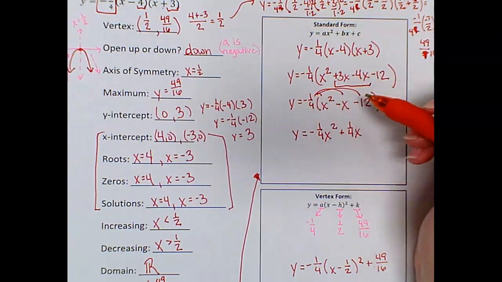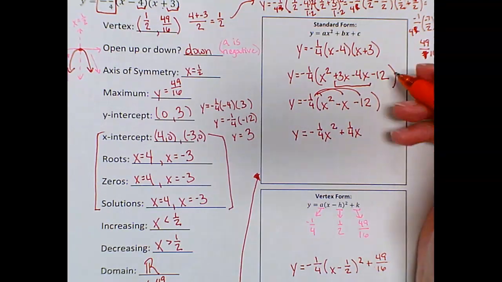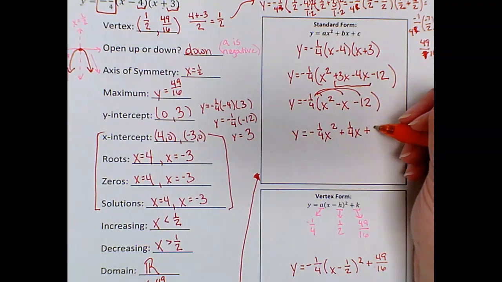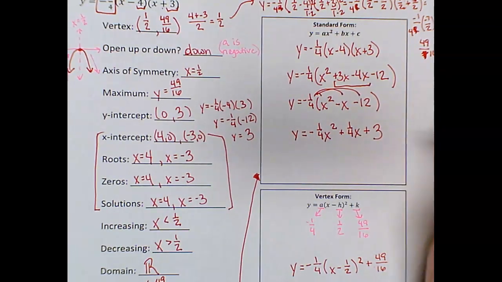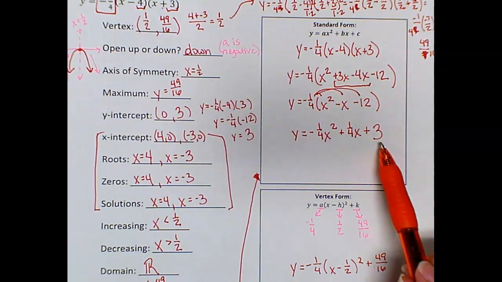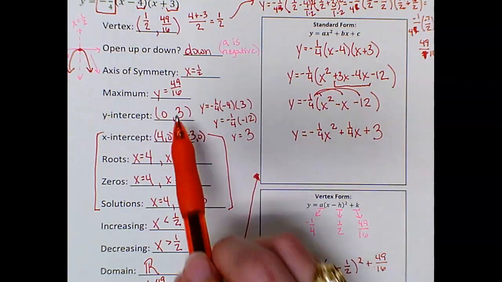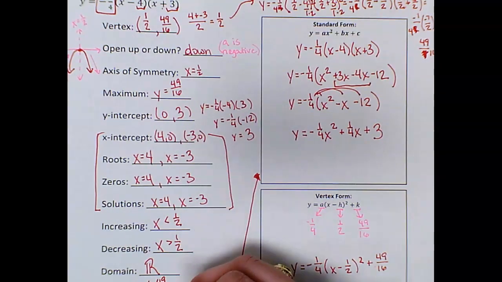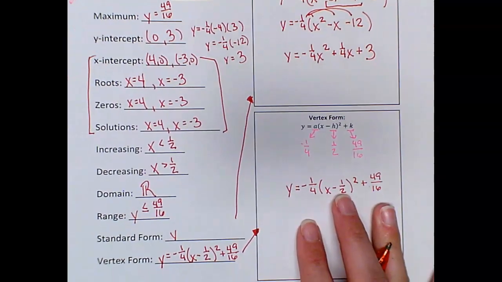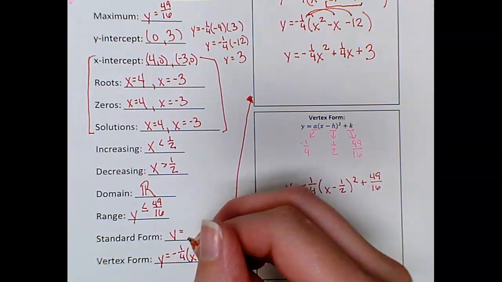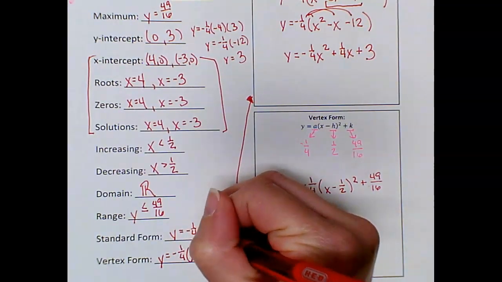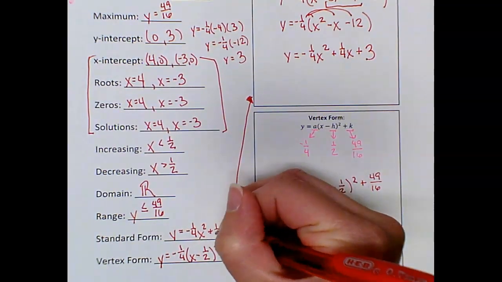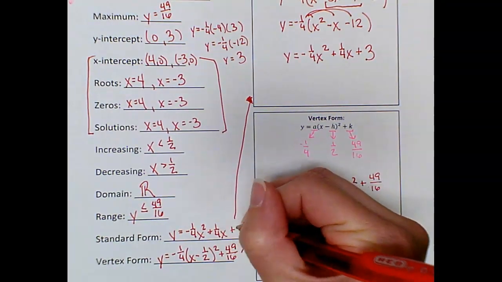And -1/4 times -12, well, negative times negative is a positive, and 1/4 of 12 is 3. And you can kind of double check because remember your c value in standard form is your y-intercept, and we got 3 for our y-intercept here. So this is our standard form. y equals -1/4 x squared plus 1/4 x plus 3.